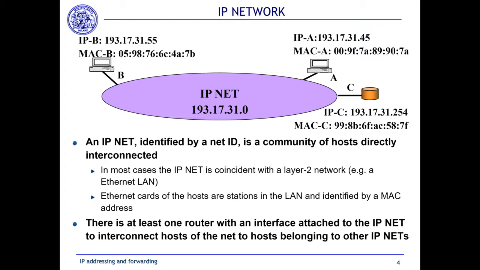Otherwise, you don't have communication. And therefore, you can say that a host has a specific IP address, but you cannot say that a router has a specific IP address, because the router has many interfaces, and you identify each interface of the router with an IP address. Okay.